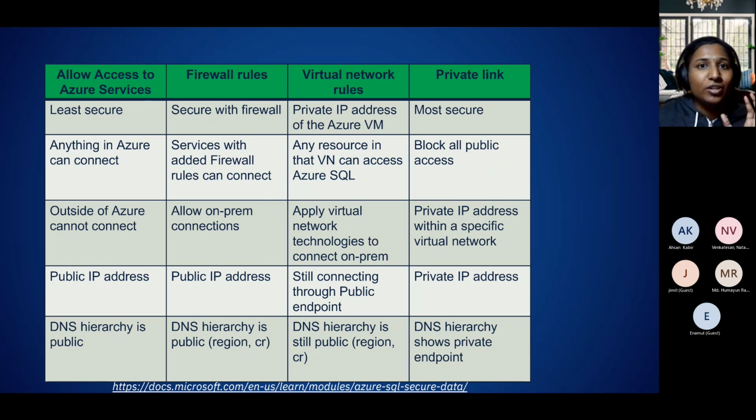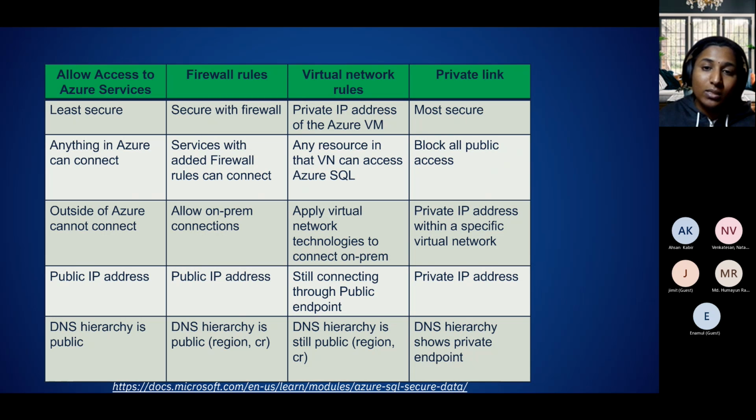But if you want to make sure your databases and your production are secure, creating private links is very useful, because when you use this, you will be disconnecting from the internet completely. Now all the public access will be lost.